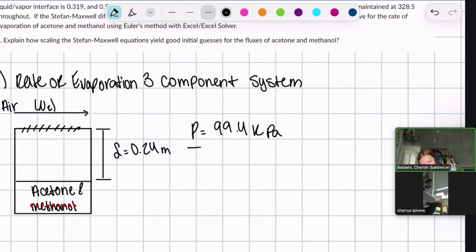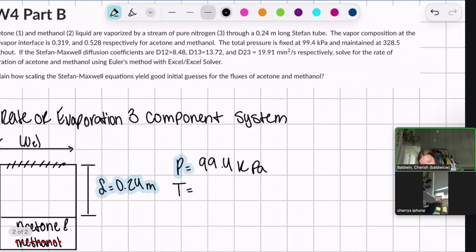The temperature is maintained at 328.5 Kelvin.